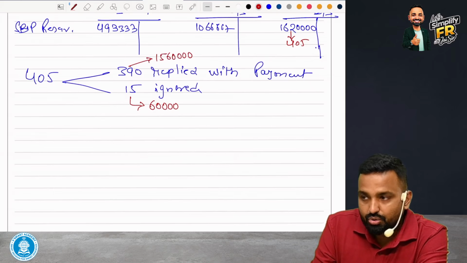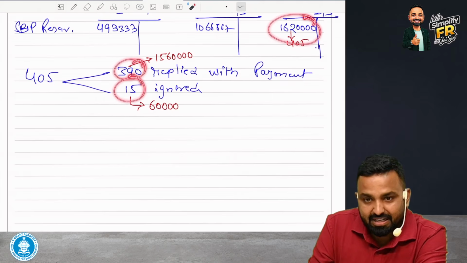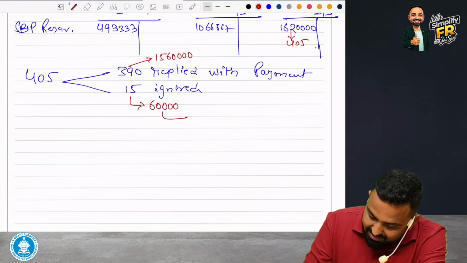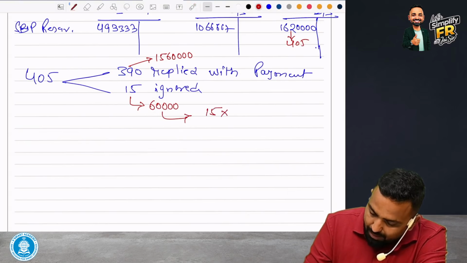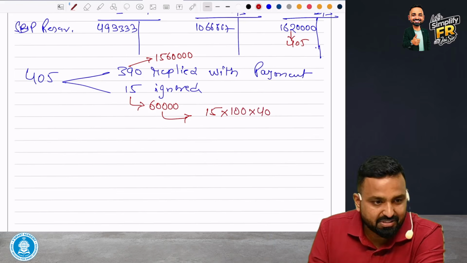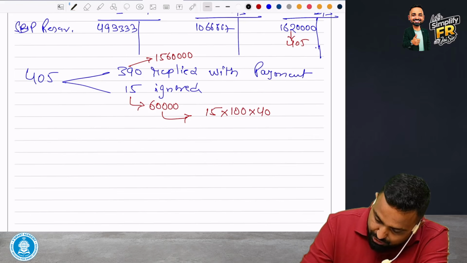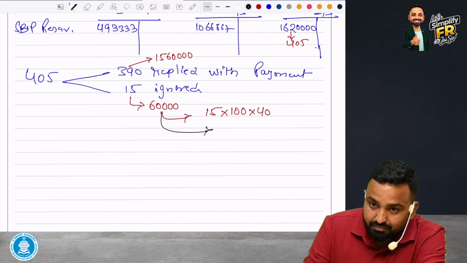How? Basically, you divided this like that. But I can say the 60,000 can be derived by 15 employees multiplied by 100 options multiplied by 40. I think the answer would be the same, logically. Now, what journal entry will I do for 60,000?